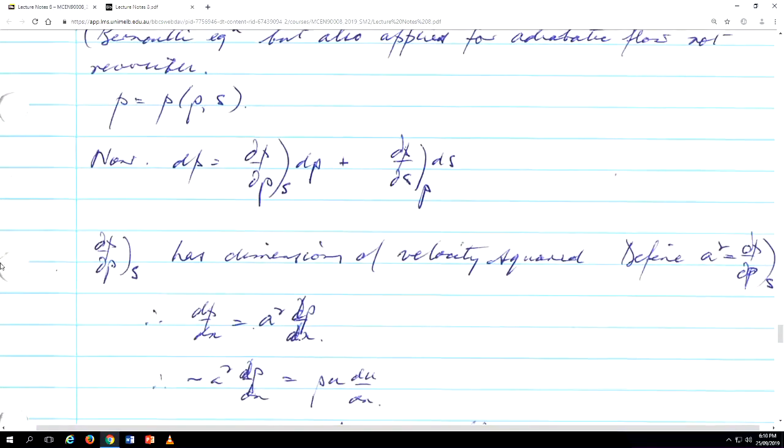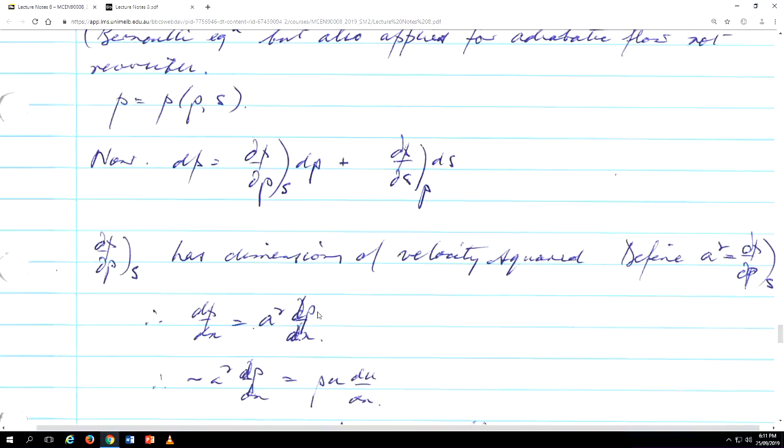So it follows that if entropy is constant, then dP dx will be a squared d rho dx.